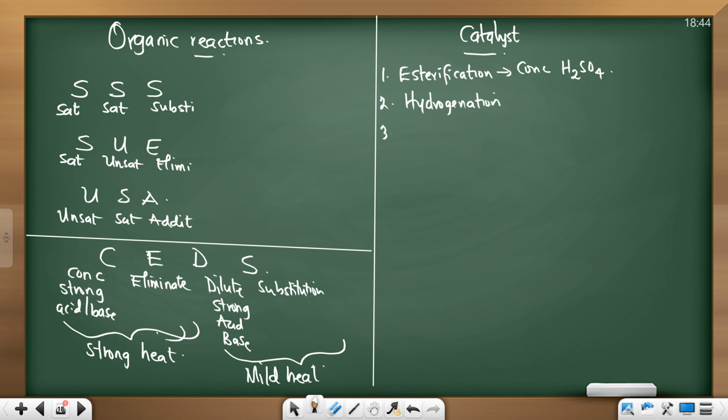Number three, halogenation. Number four, hydration. These are the main ones.